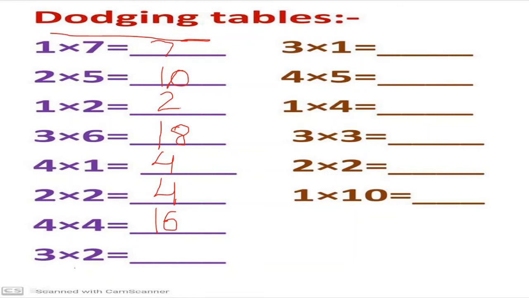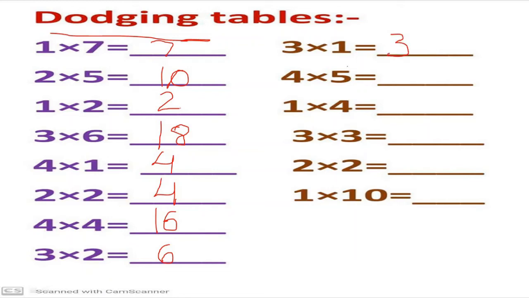So 3 twos are, 3 ones are 3. 3 twos are, what will come? 3 twos are 6. Okay? Done? Next is 3 ones are, what will come? 3 ones are 3.